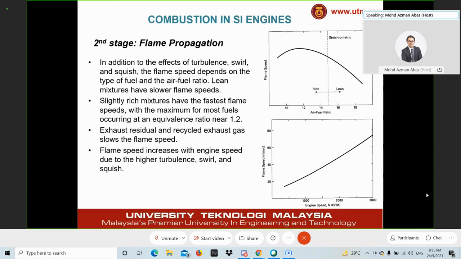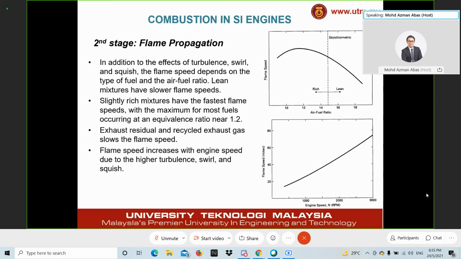Ultimately, based on the type of fuel, petrol, that we are using in the real world today, lambda of 0.9 would be producing the best combustion. In other words, the best power.